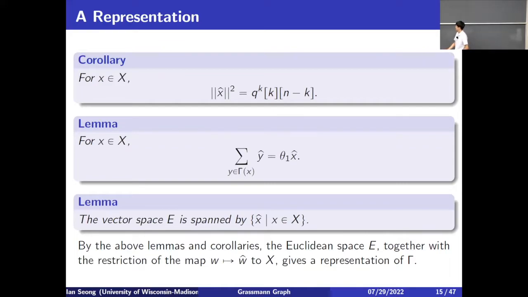If you sum them all up, you actually get a scalar multiple of x hat, and the scalar multiple turns out to be θ1, where θ1 was one of those eigenvalues that we saw earlier. Okay, and the last lemma is that the vector space E is in fact spanned by x hat, where x belongs to the vertex set. So looking at these lemmas and corollaries, we can say that the Euclidean space E, together with the restriction of the map W going to W hat to the vertex set, gives a representation of gamma.